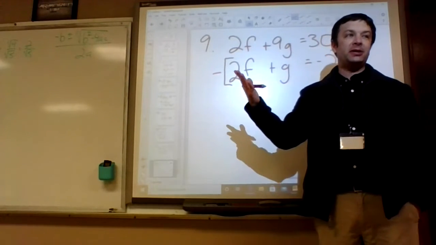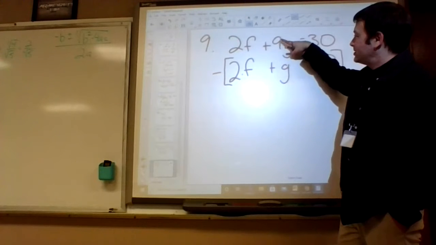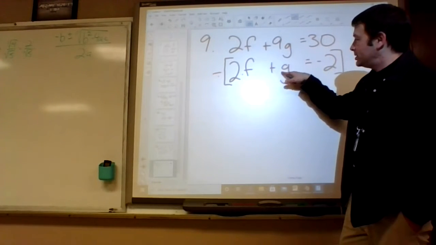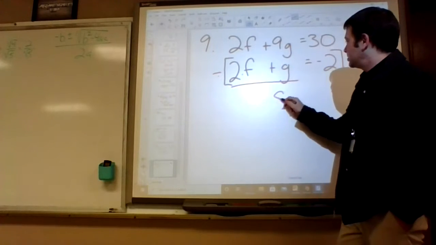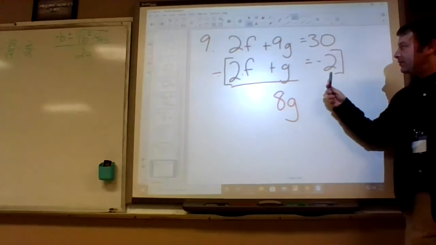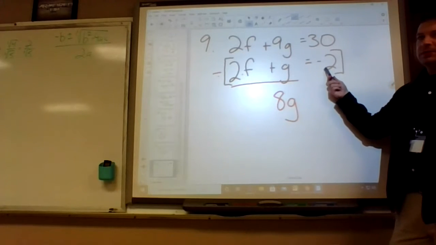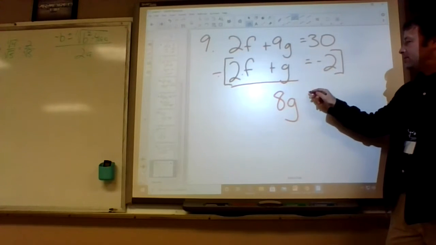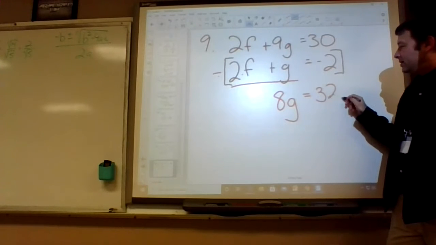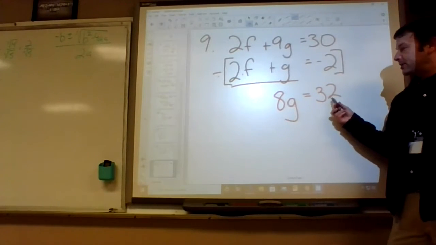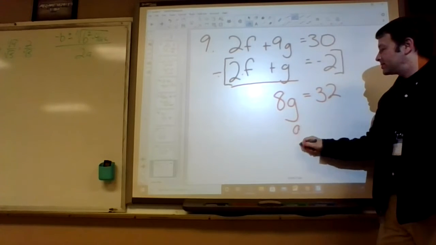That's why I did it, so the f's go away. But I also have to do 9g minus 1g, 8g, and be careful on this one, 30 minus negative 2. 30 plus 2, 32. Does 32 divide by 8? Yes, so that means we probably did it right. g is 4.